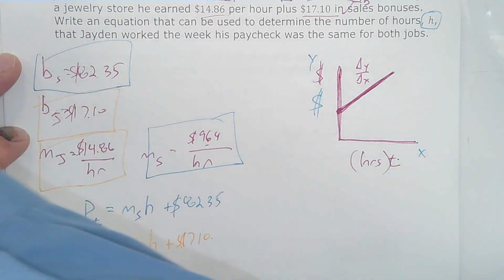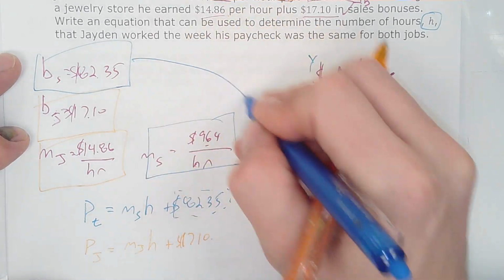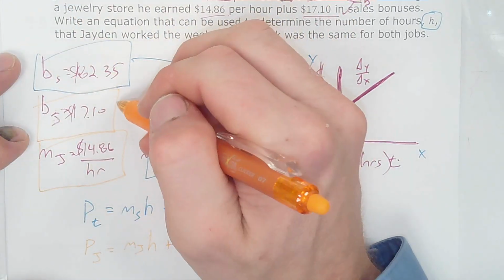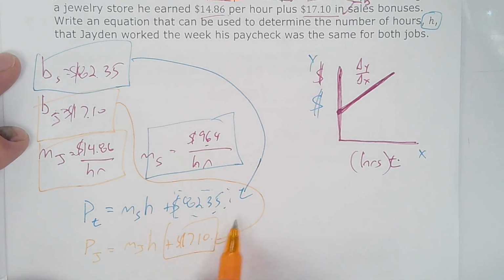This is this, and this is that. My y-intercept. Y equals mx plus b.